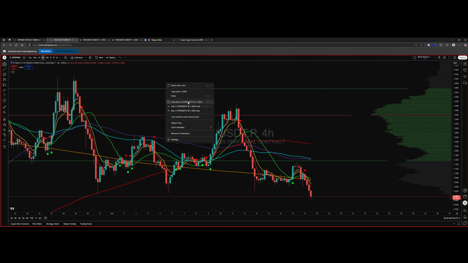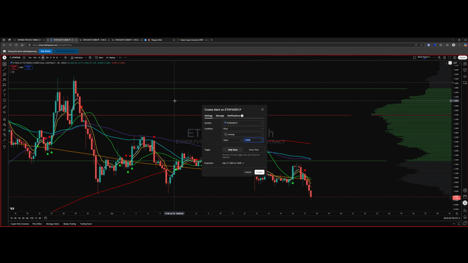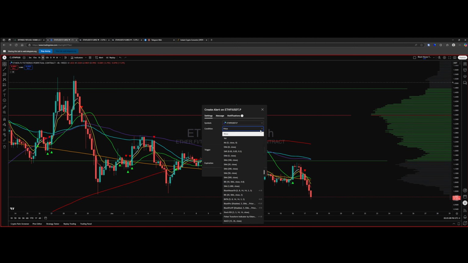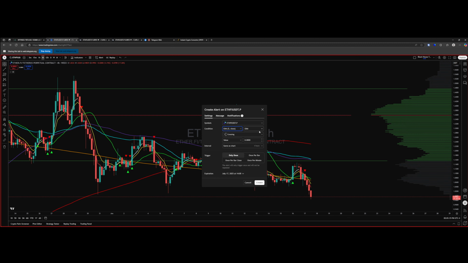It's super easy on TradingView, and then click add alert, and all the parameters that you can set are right in here. So you can just say the condition is, let's see, the 5 EMA crossing, here it is, 8 EMA.